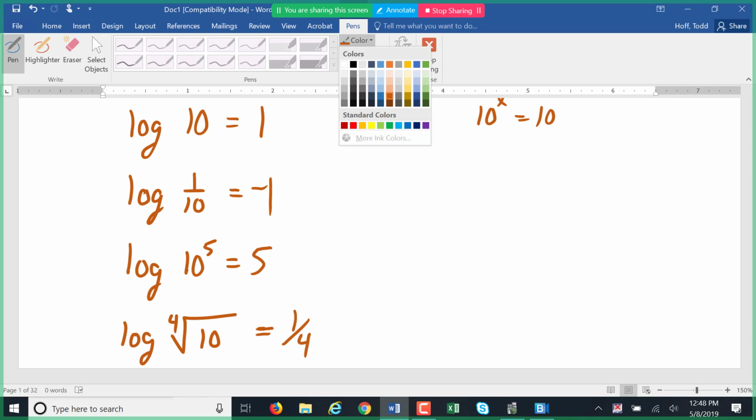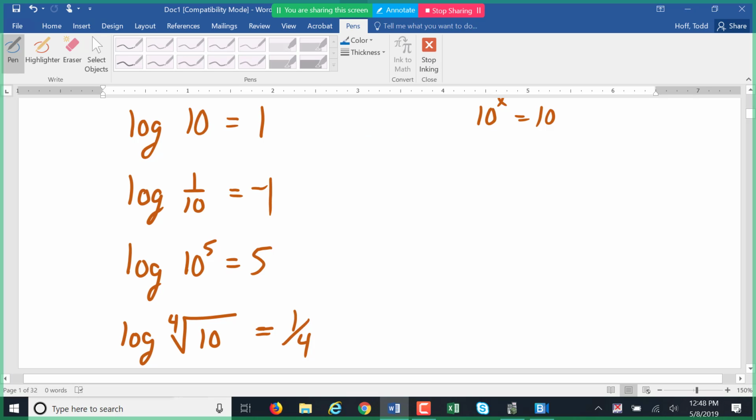We actually pointed out some of these, but not all of them. Log base A of A always equals 1. Log base A of 1 always equals 0. That's not an example that we did.